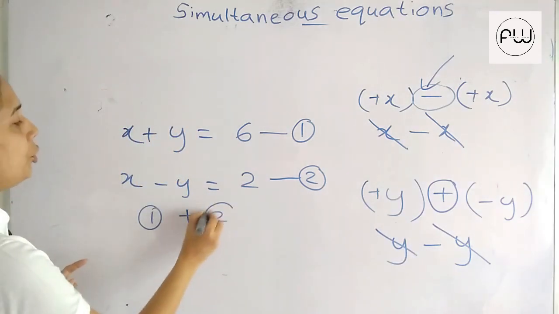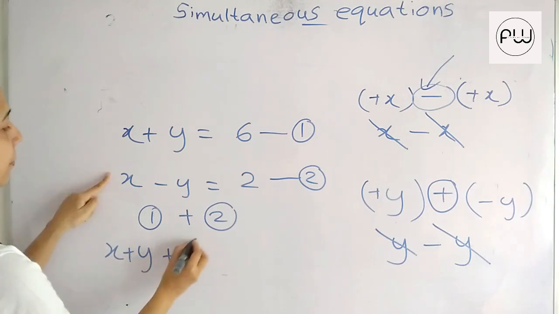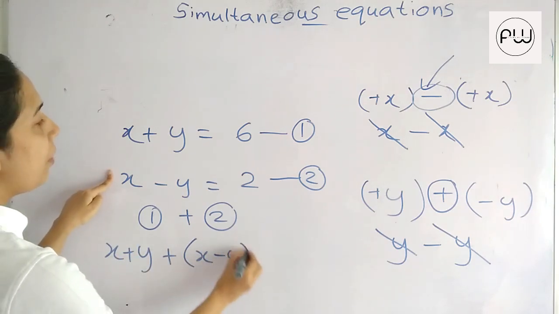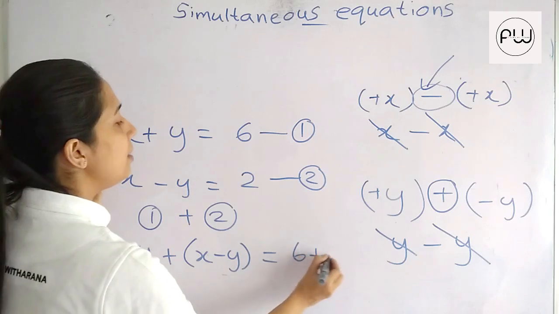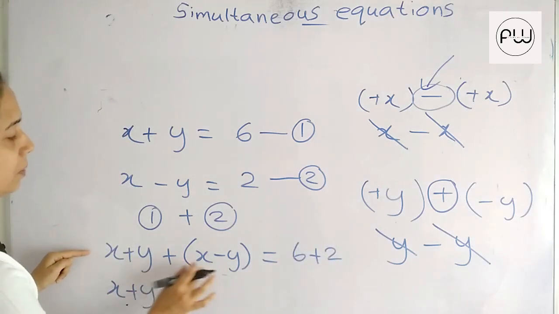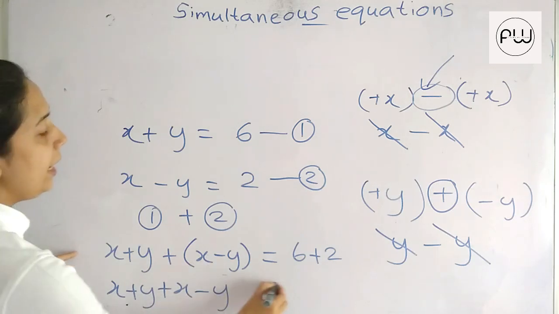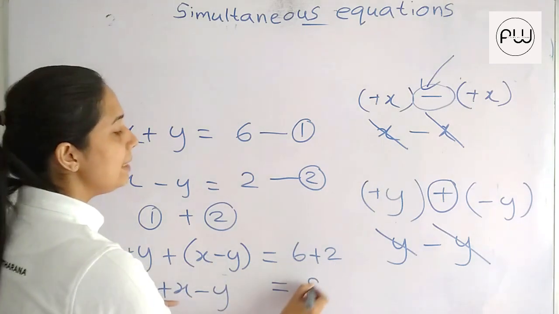1 plus 2. Right. x plus y plus x minus y equals 6 plus 2. Then x plus x plus y minus y equals 6 plus 2, which is 8.